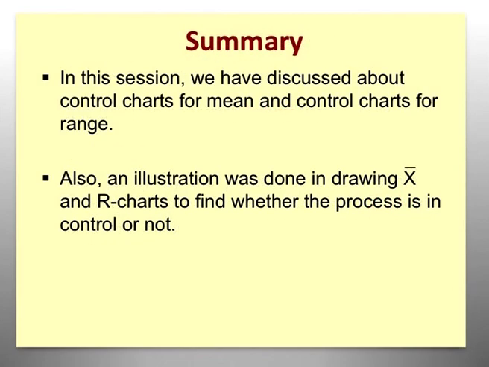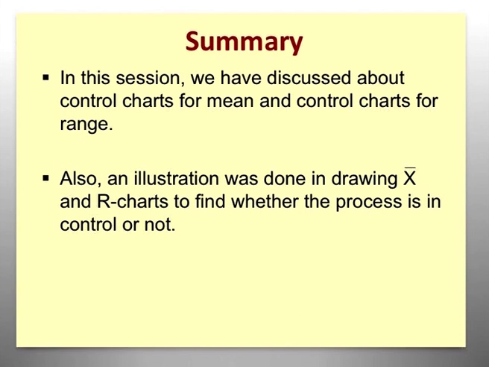In this session, we talked about control charts for variables. We have also worked out an example in drawing control charts for X bar and control chart for range, and we have plotted the points and we have drawn UCL, CL and LCL for X bar and R charts.